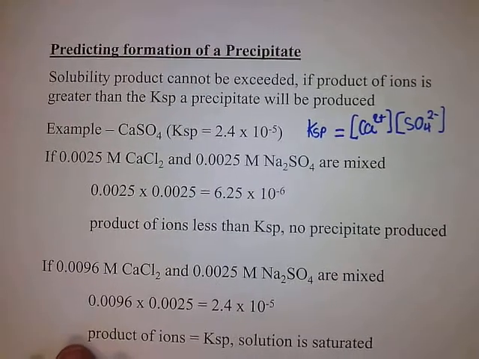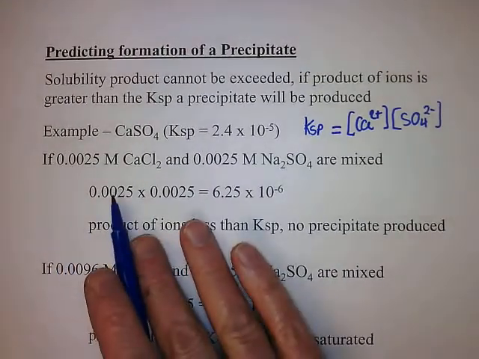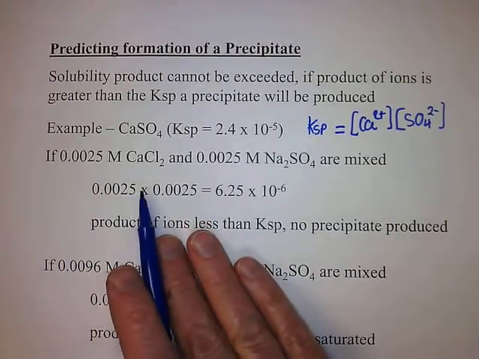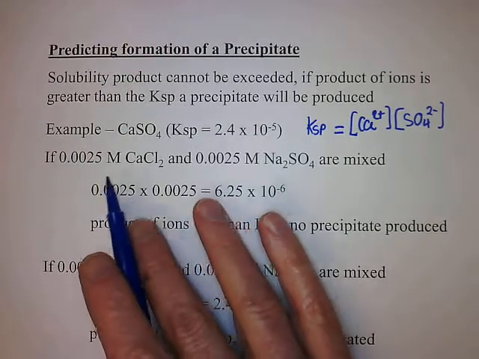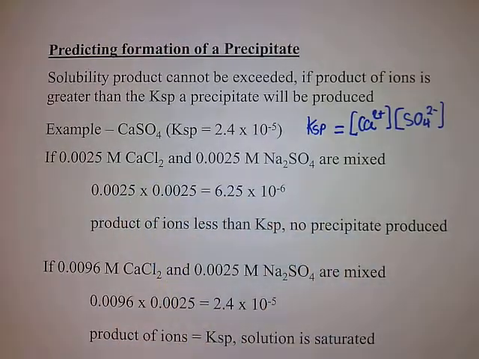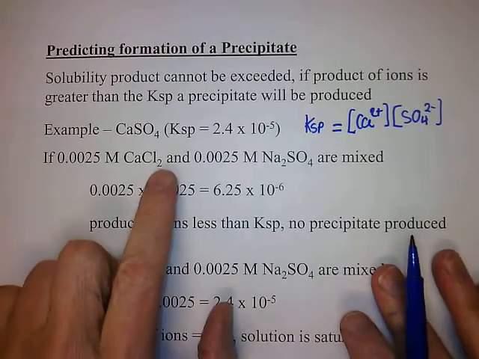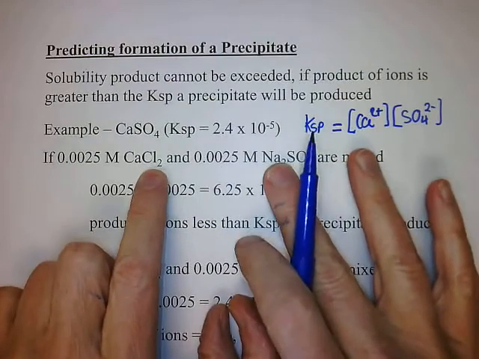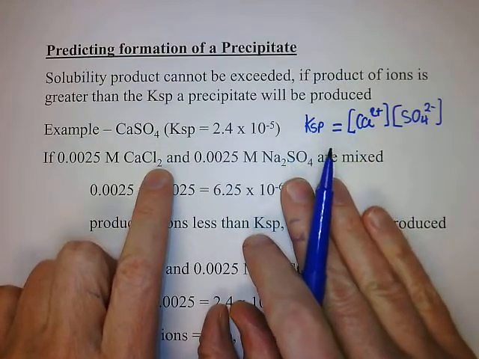Okay? So let's suppose we mix together 0.0025 molar calcium chloride and 0.0025 molar sodium sulfate. Now, don't get confused by the chloride and the sodium. Those are just spectator ions.